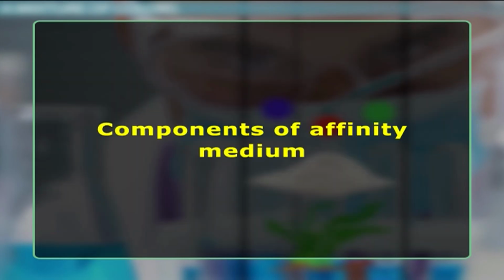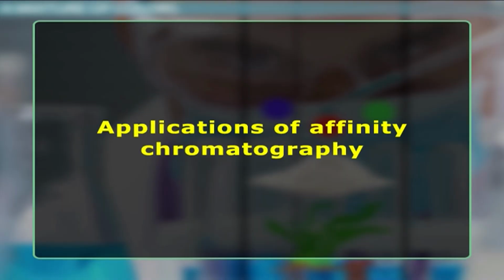Components of affinity medium: when affinity chromatography is used for the purification and separation of large biomolecules from complex mixtures, the support, that is the matrix, spacer arms and ligands, must be considered. Applications of affinity chromatography: it can be used in a number of applications, which include nucleic acid purification, protein purification from cell-free extracts, and purification from blood.